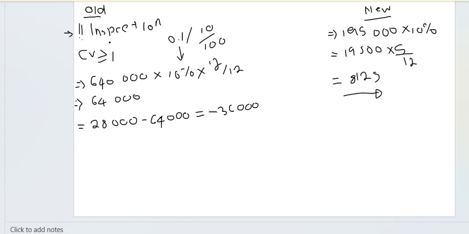The inspection, however, says it is compulsory that the carrying value must be greater than or equal to 1.